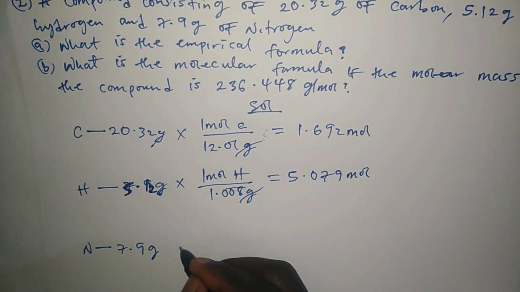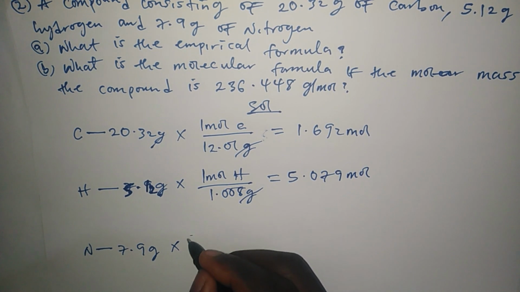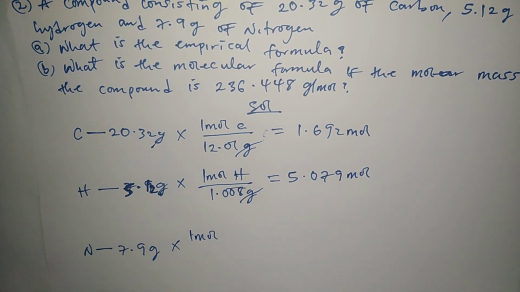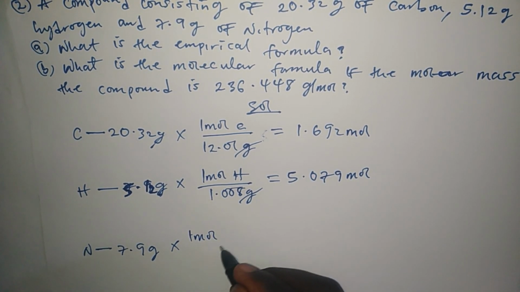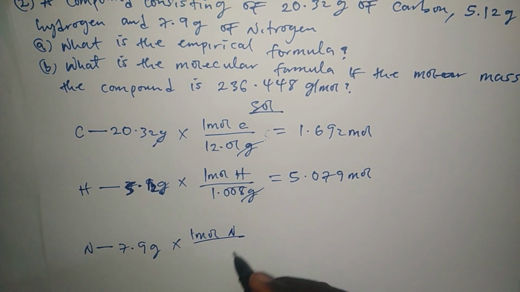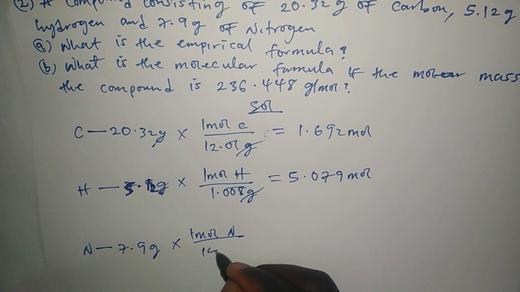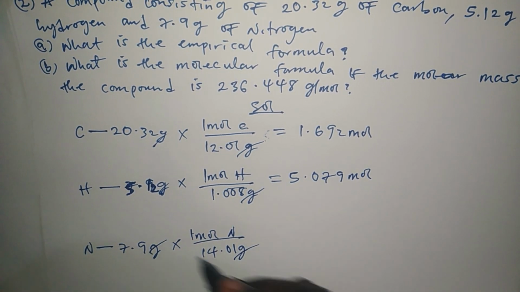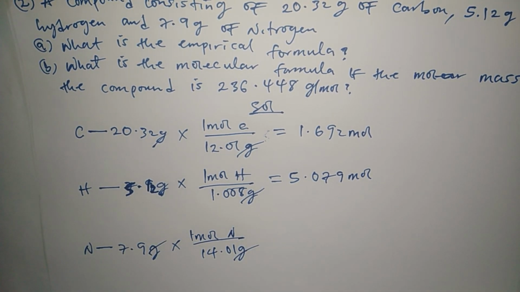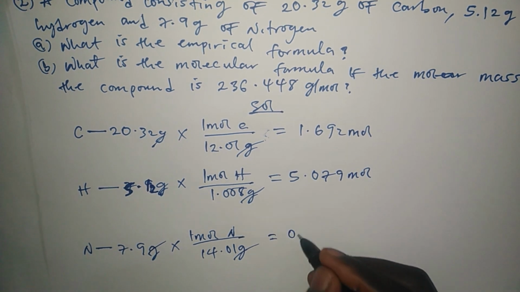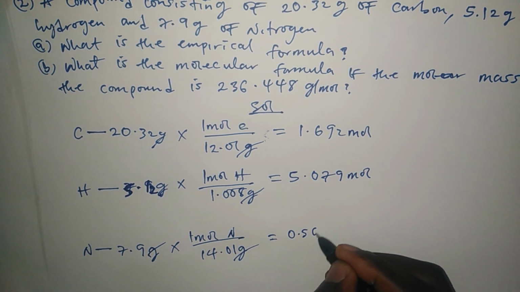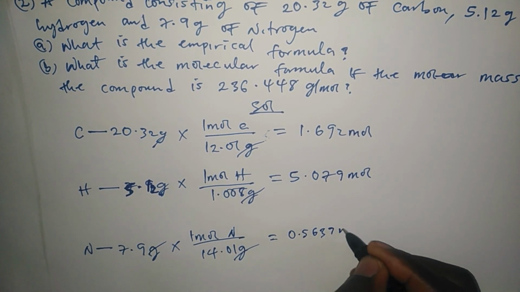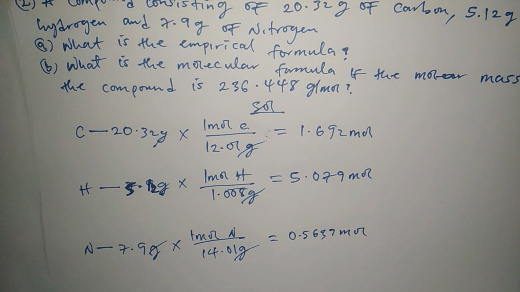And then for nitrogen, for every 1 mole of nitrogen, we have 14.01 grams, right? Grams will cancel grams. So 14.01 grams divided by 7.9, what we'll have is equals to 0.5639 moles.